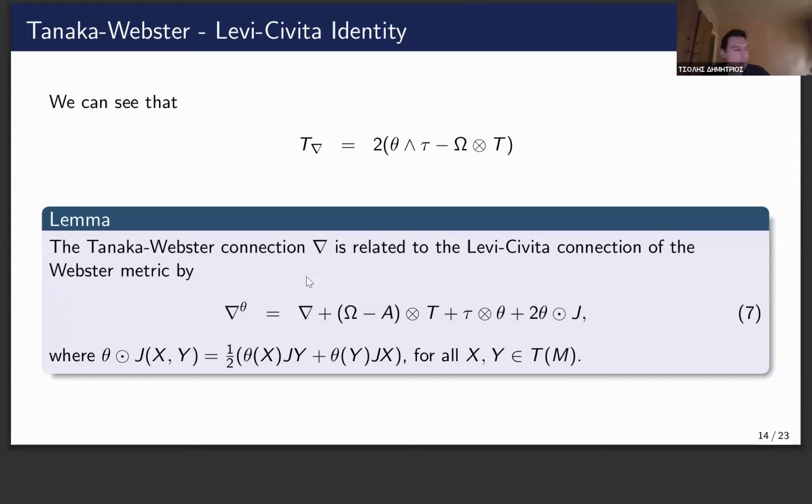This is another way. You can either use the Tanaka-Webster approach directly, or you can use the Riemannian approach to smooth out and approximate the manifold, and then just take the limit, and you see that it's another way to get the curvature.